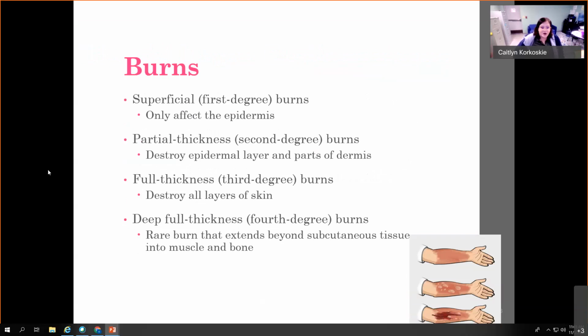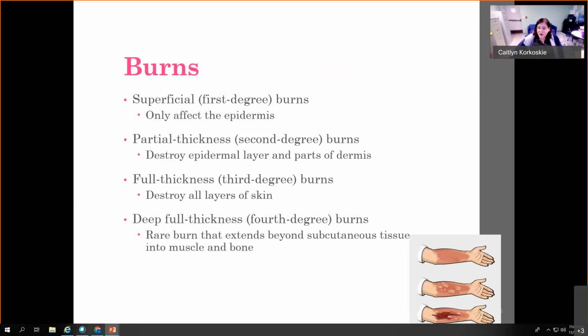All right, we're going to get through burns and then cancerous cells and whatnot. So, the different types of burns that you might see. Superficial burns, or first degree burns, only affect the top layer of skin, the epidermis. Partial thickness burns, or second degree burns, completely destroy the epidermal layer and part of the dermis.